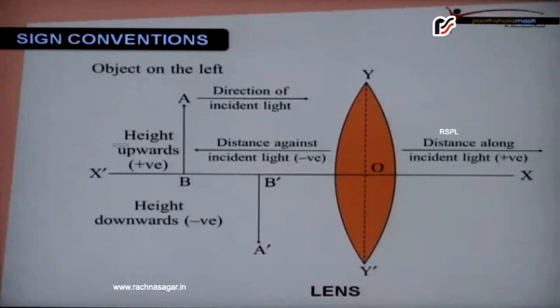Now, distances moved in the right direction or the upward direction from the optical center are given a positive sign, and distances moved in the left direction or downward direction from the optical center are given a negative sign. Here we discuss a convex lens.